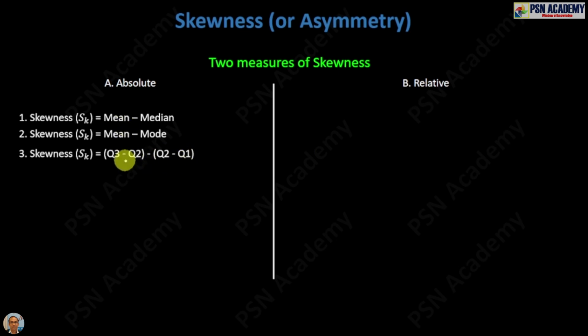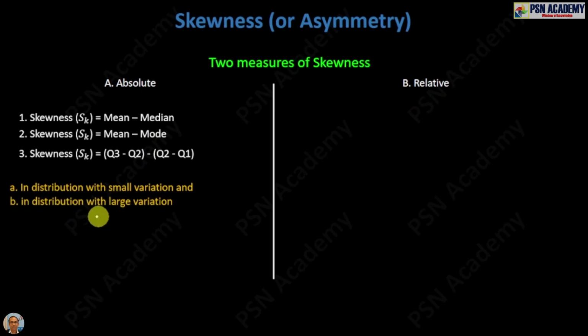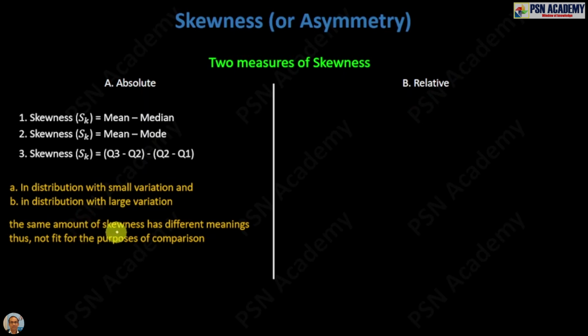So any of these 3 absolute measures you can have for getting the measure of skewness. But there is a problem. In a distribution with small variation or in a distribution with large variation, the same amount of skewness has different meanings. And for this reason, these absolute measures of skewness will not work.